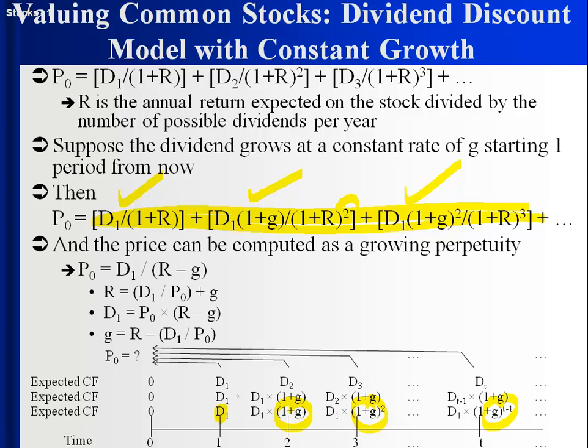If we have a case where we have D1 and then after that all dividends grow at a constant rate, the price of that stock today is equal to D1, the expected dividend in 1 period, divided by R minus G. And through algebra, this expression simplifies to these three expressions, so that if you're trying to find the expected return with a stock that has a dividend that grows at a constant rate, if you want to know what the next dividend is, or if you just want to know what that growth rate is.